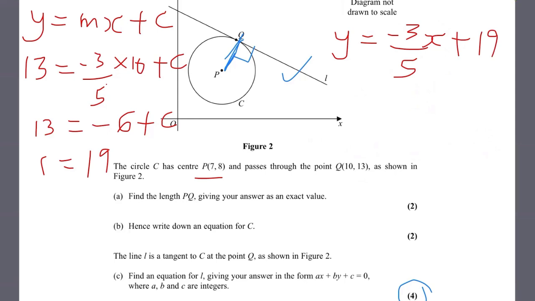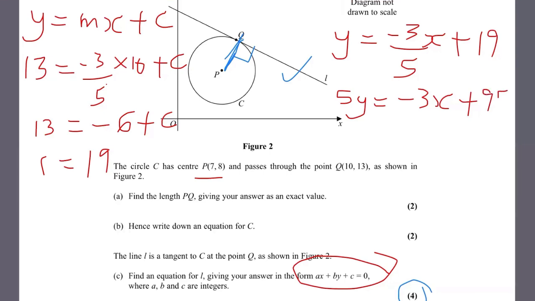But don't forget, they say we should leave our equation in the form ax plus by plus c equals 0, where a, b, and c are integers. So what should we do to move to that step? Times everything by 5. Excellent. If we do that, we would have 5y equals -3x plus what? 95.